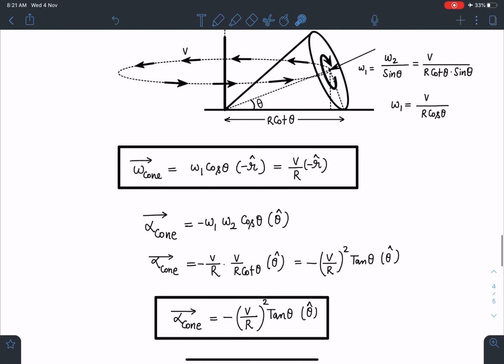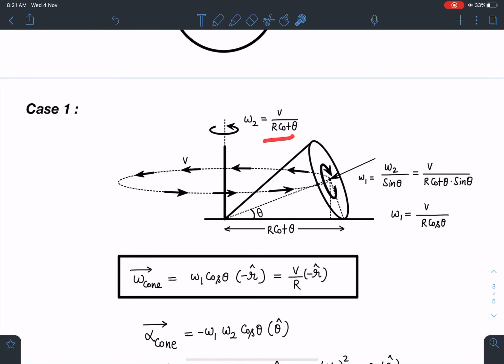So similarly alpha cone, I just need to differentiate this. Or if I use the previous equation, that comes as minus omega 1 omega 2 cos theta times theta cap. When I substitute the value of omega 1 and omega 2, omega 1 cos theta is v by r, that I have written here. Omega 2 is v by r cot theta, which is given here.